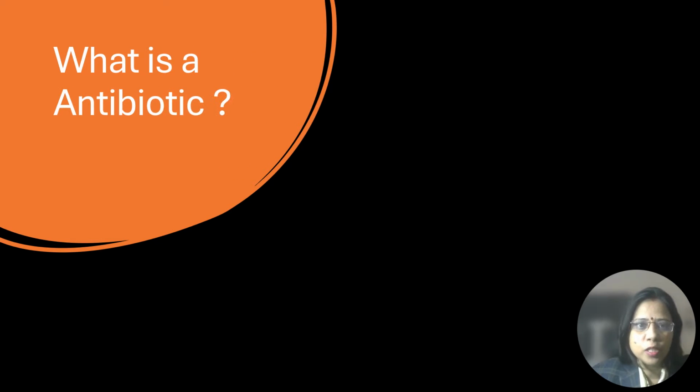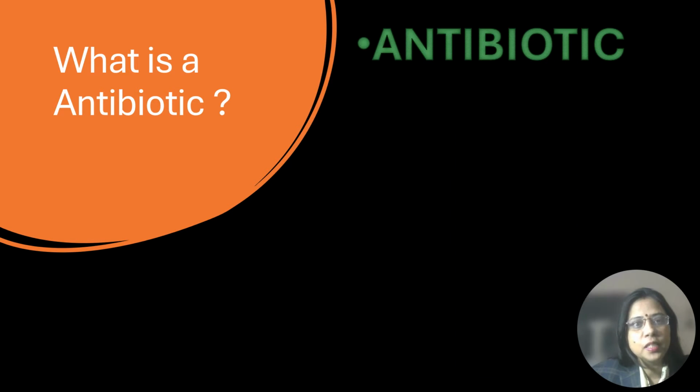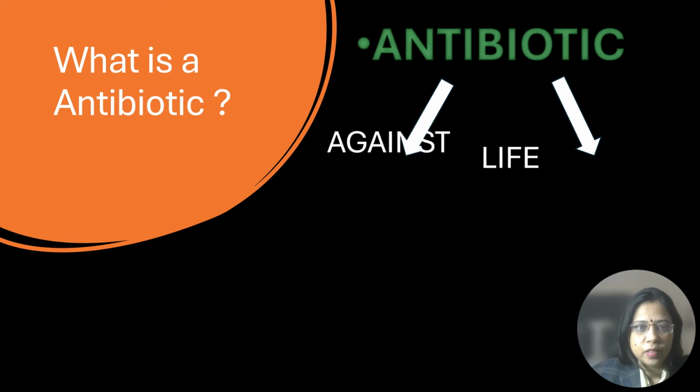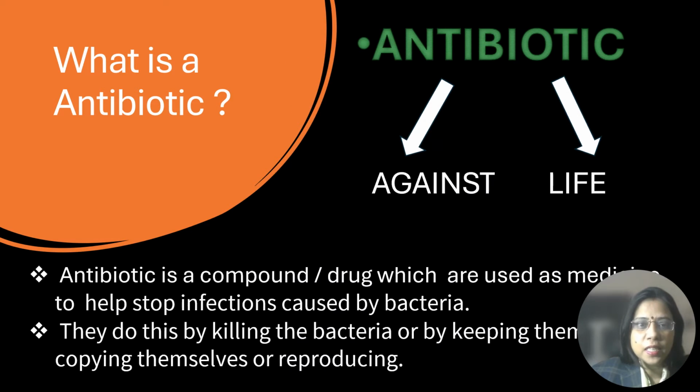So before proceeding further, we must know what antibiotics are. Anti means against and biotic means life. An antibiotic is a compound or a drug used as a medicine to help stop infections caused by bacteria.